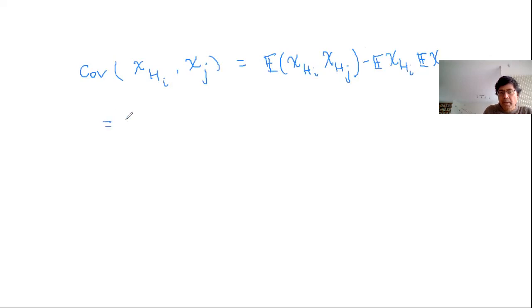The first one is P to the 2EH minus EH prime.